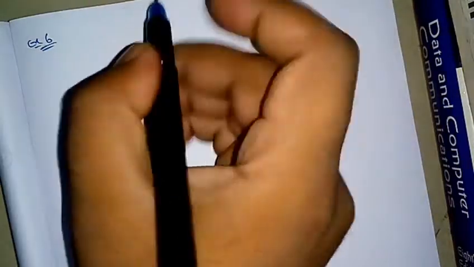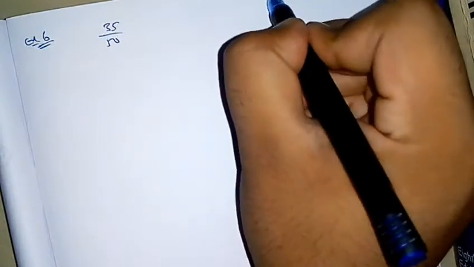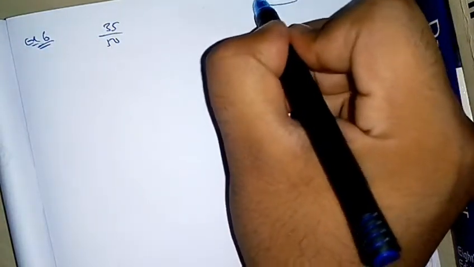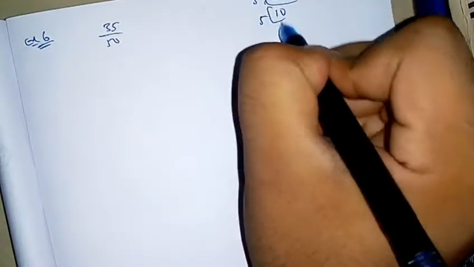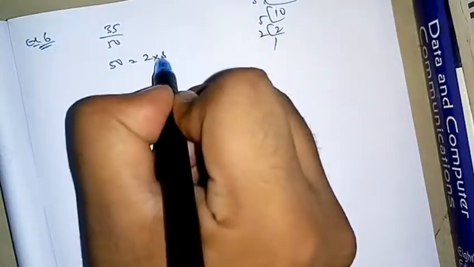Next, example 6. Write the decimal form of the following rational number without actual division. 35 by 50. Let's do prime factorization for 50. So 50 is equal to 2 into 5 square.